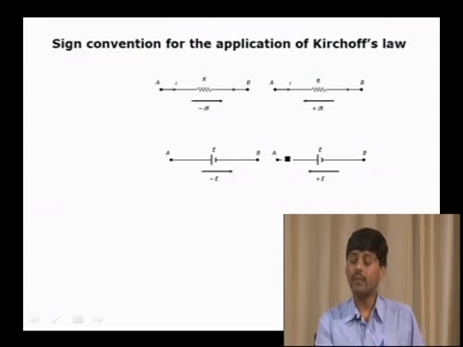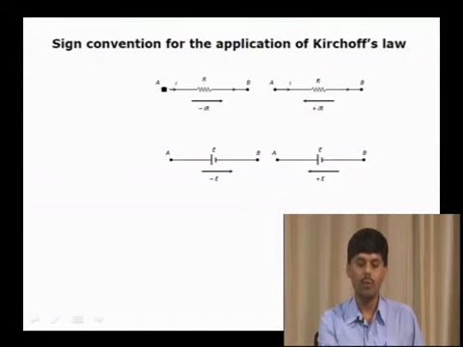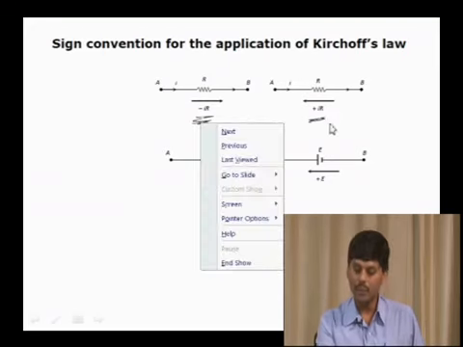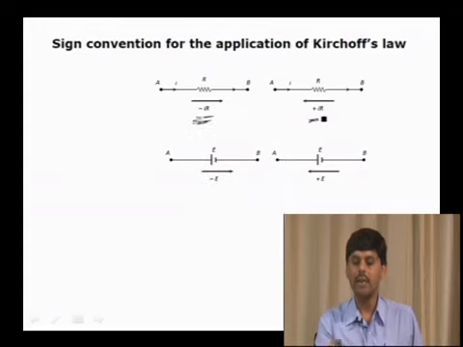Now, the sign convention for taking the IR product, whether plus or minus. If you move from A to B in the direction of the current, we take the IR product as minus IR. Suppose you are moving from B to A, then the IR product is taken as plus IR. That means in the direction of the current, we take minus, and opposite to the direction of the current, we take plus.